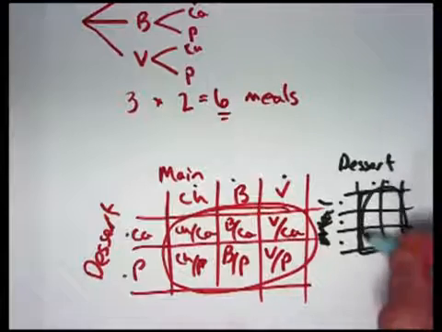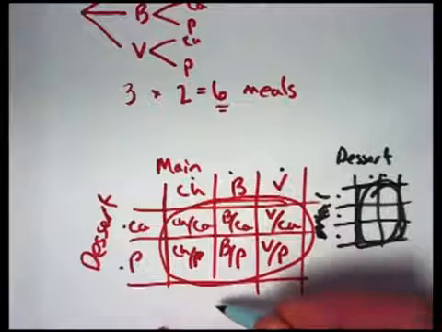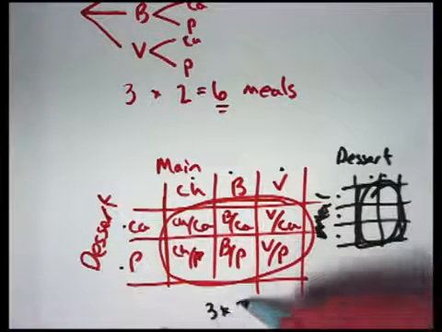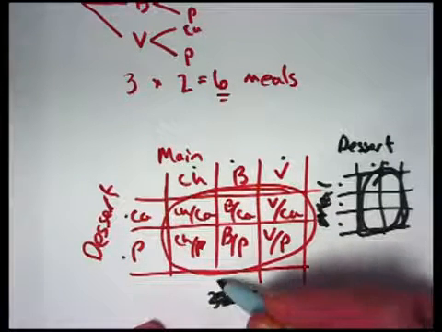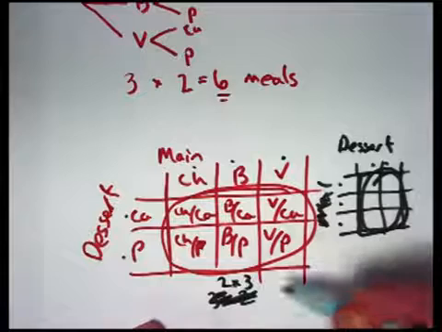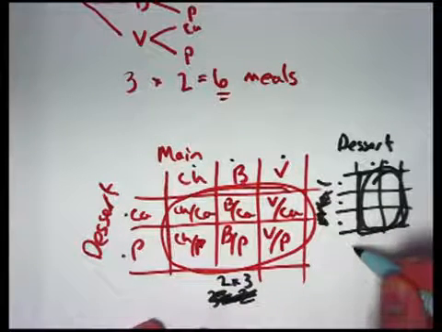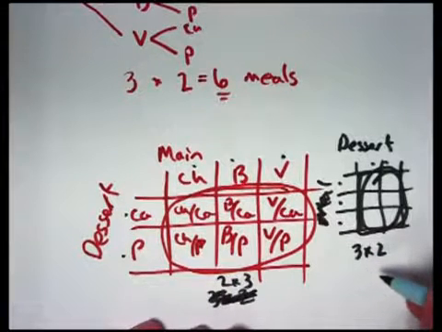And the boxes here would represent the 6 meal choices. Here you could maybe think of this chart as 3 times 2. Well, actually, a mathematician would probably be more likely to think of it as 2 times 3: 2 rows, 3 columns. And here you could think of this one as representing 3 times 2, 3 rows and 2 columns. In both cases, you get 6.